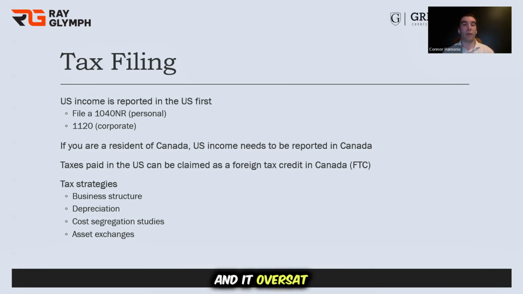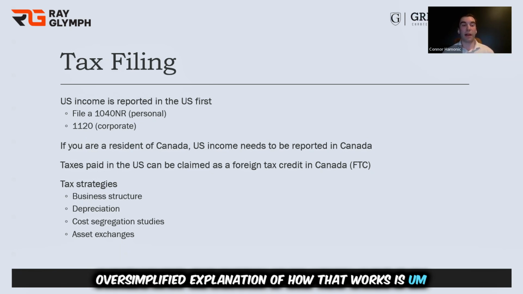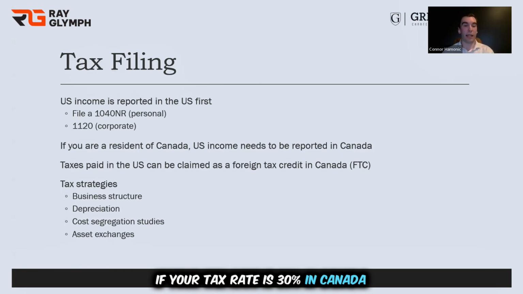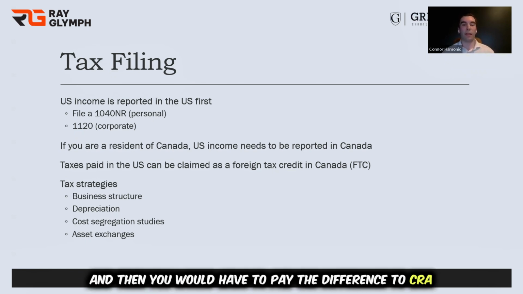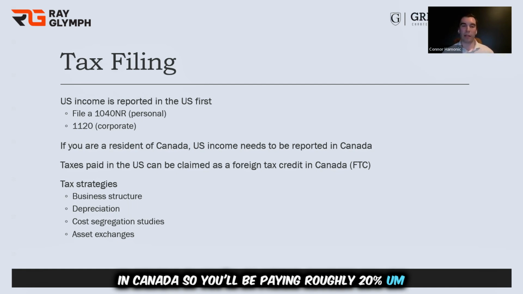An oversimplified explanation of how that works is, let's say, for example, you pay taxes in the US at 10%. If your tax rate is 30% in Canada, you would claim the 10% of taxes that you paid in the US, and then you would have to pay the difference to CRA in Canada. So you'd be paying roughly 20%.